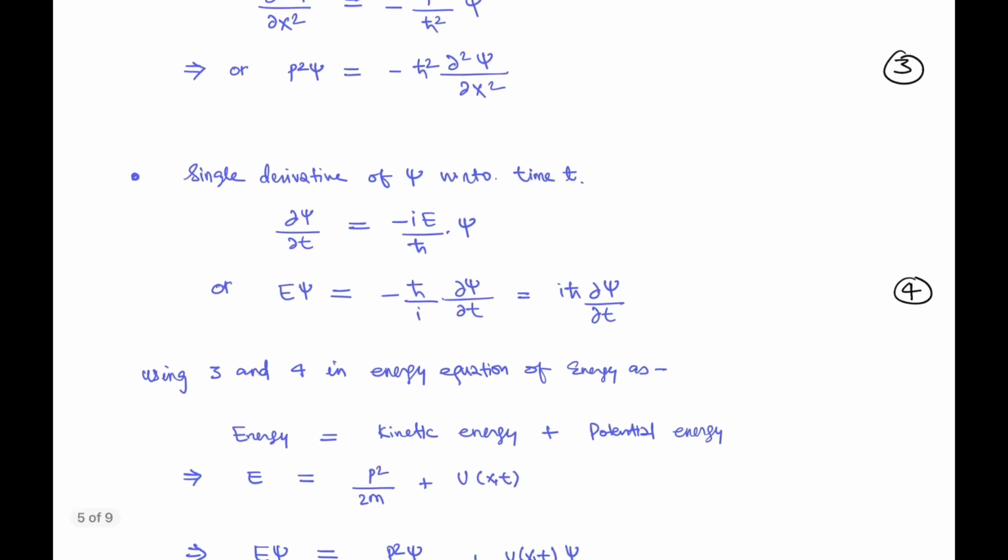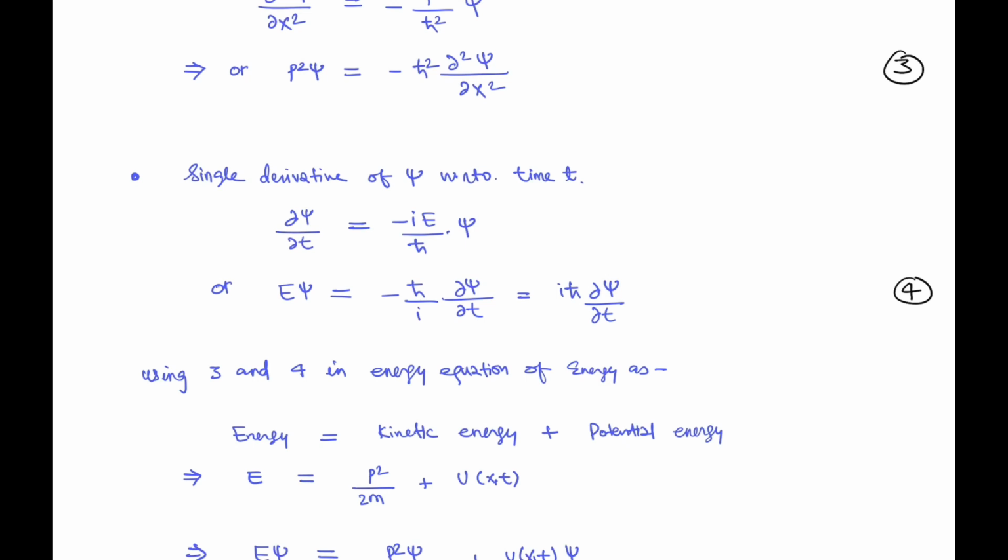And now let us find the single derivative of psi with respect to time. In this way you get the single derivative of psi with respect to time is minus iota E by h bar multiplied by psi. In this way E times psi is equal to iota h bar times the partial derivative of psi with respect to t.